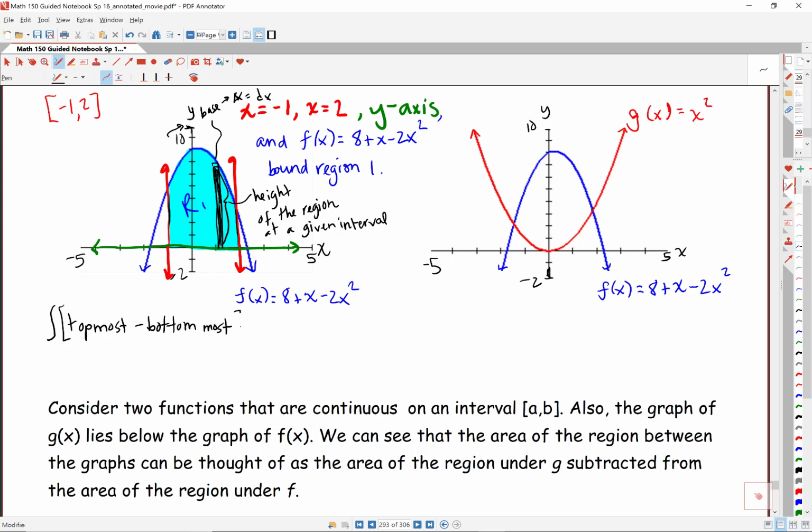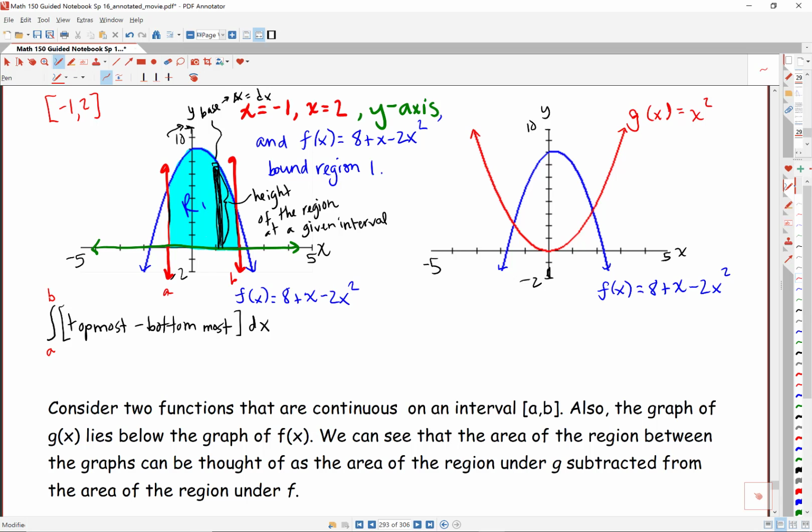And that gives you your height at that given interval times the change in x, which is your dx, and then your limits of integration, right? So if we call this here a and this b, you'd be going from a to b, okay?